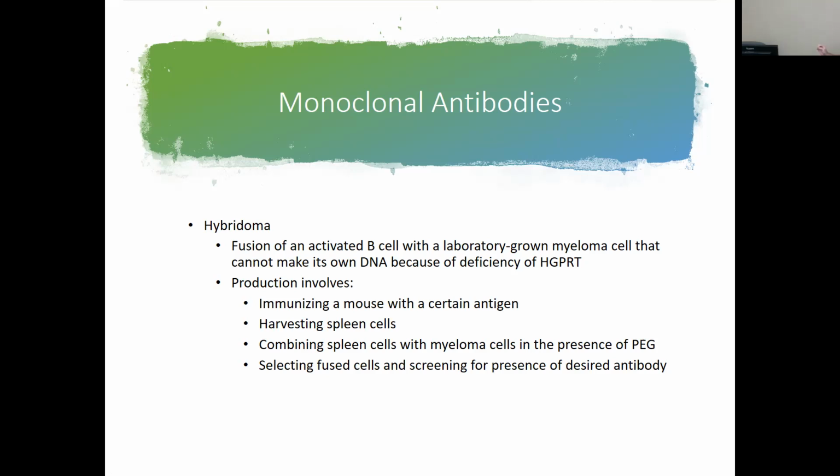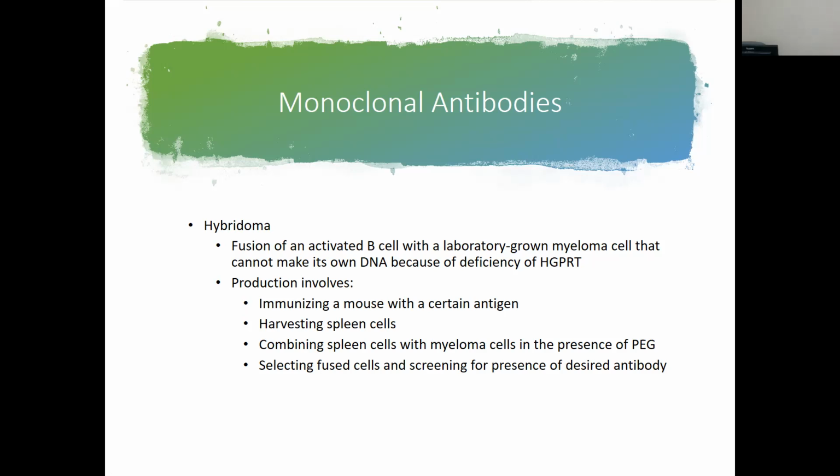Okay, it's really fun. What we do is we immunize the mouse against the antigen. We know which antigen. The mouse is going to start producing antibody against it. So those activated B cells are mouse B cells. We get those out by harvesting its spleen, because we know the spleen was the source of where B cells ended up.